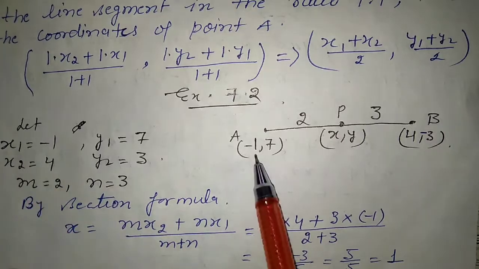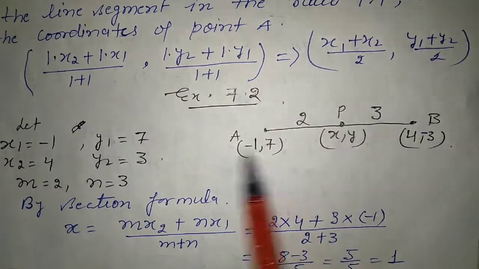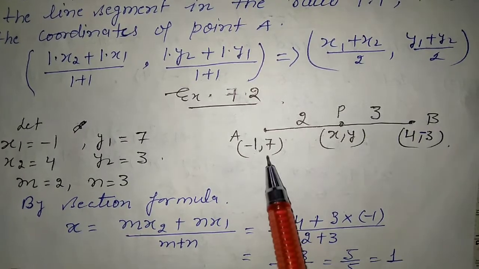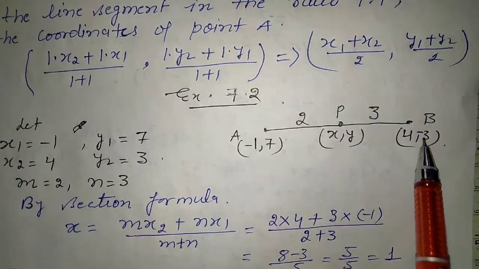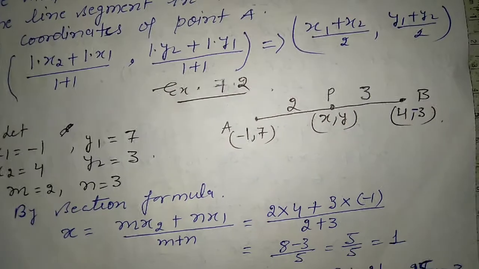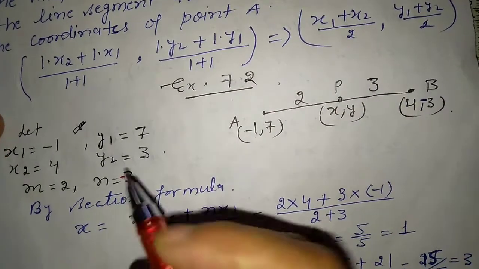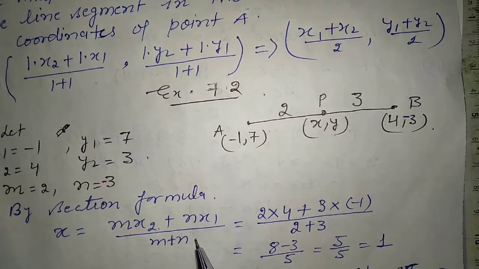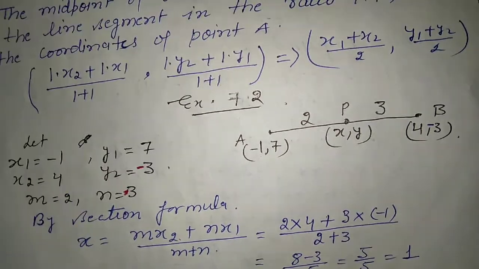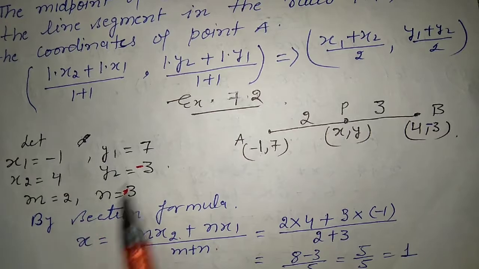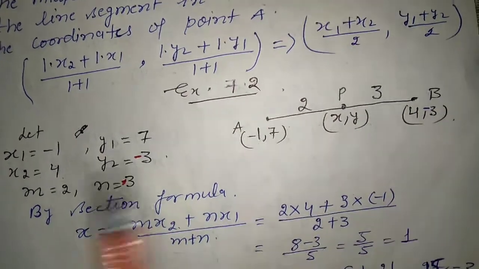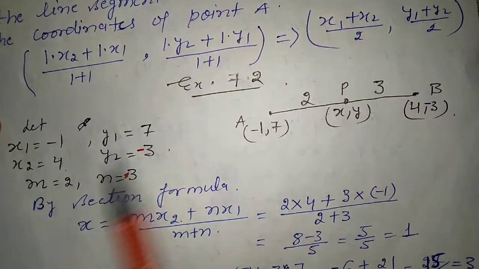So x1 is -1, x2 is 4, y1 is 7 and y2 is -3, m is 2, n is 3.